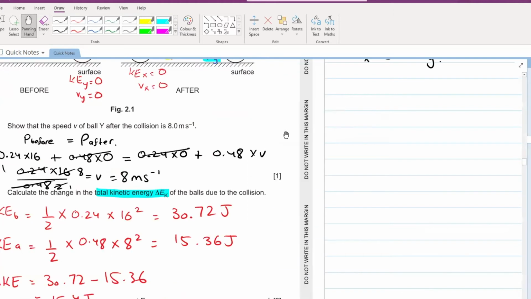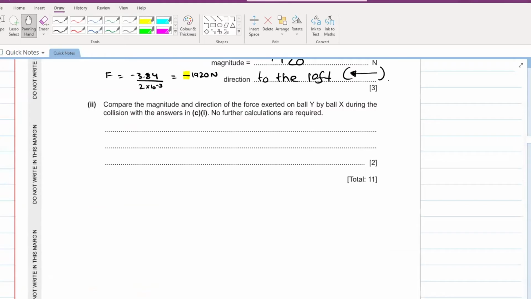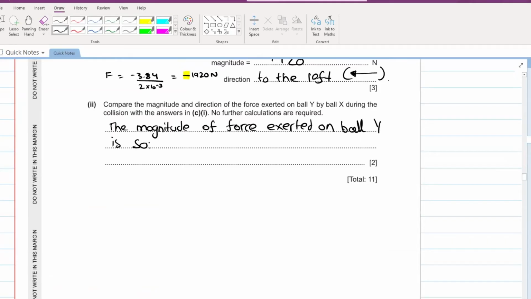So what will you write here? The magnitude of force exerted on ball Y is the same, but the direction of force is opposite.